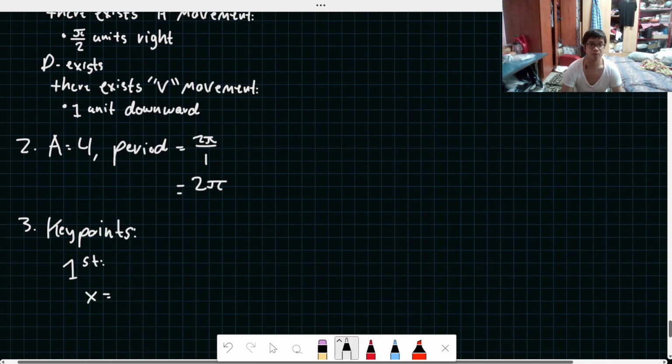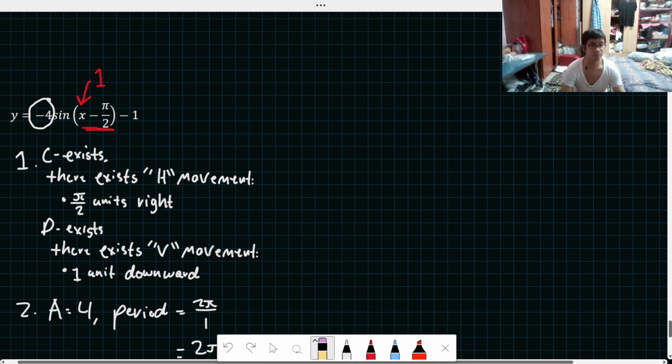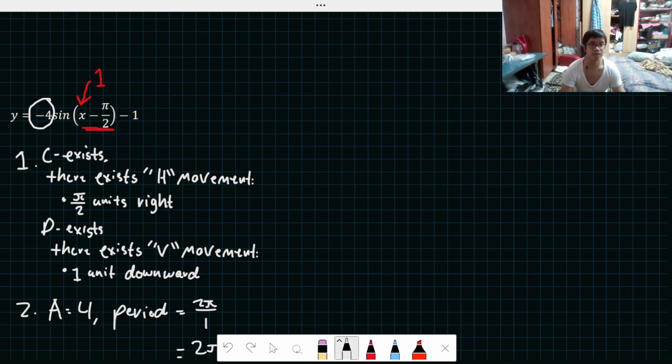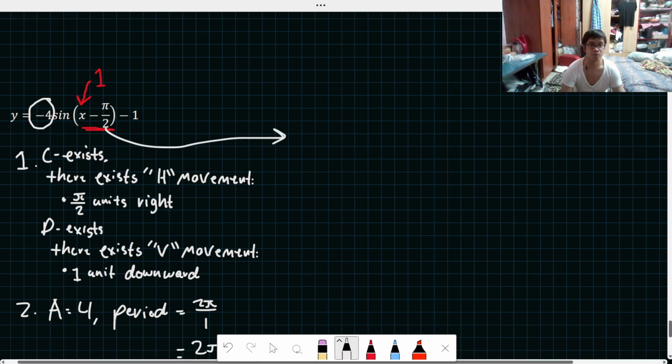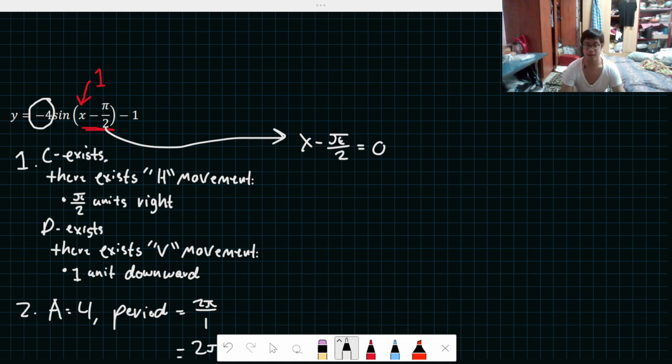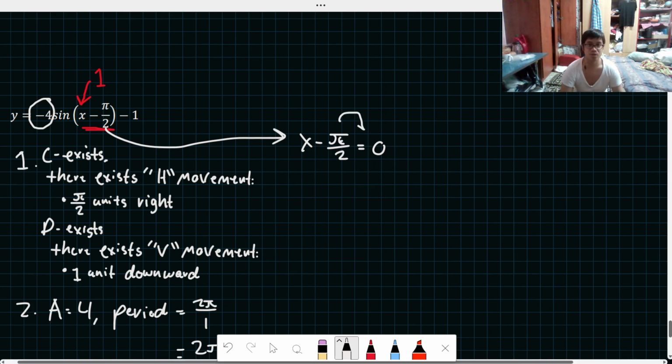So we're going to equate this one to 0. X minus pi all over 2 is equal to 0. Then you solve for x. Just transpose negative pi all over 2 to the right.